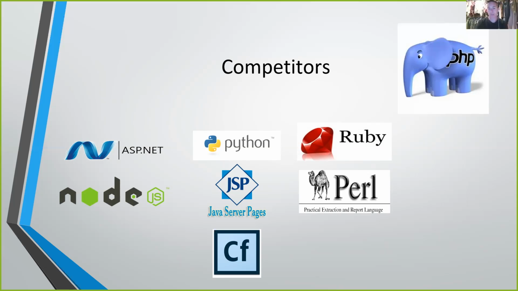JSP, also known as Java Server Pages, has been around quite a while. It's kind of a legacy web scripting language, and it's also highly used. Perl is also very legacy, but still used out there a little bit, though not as much as PHP and all the other competitors for that matter.